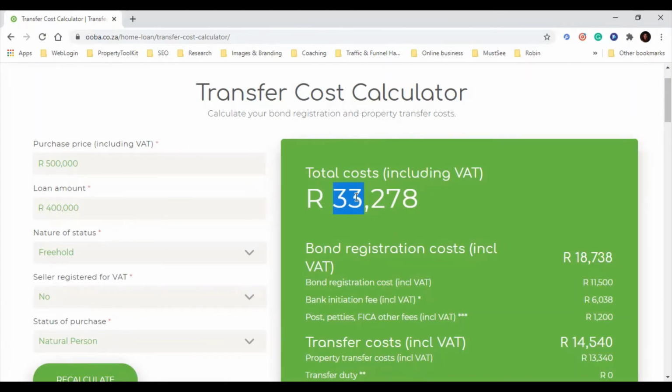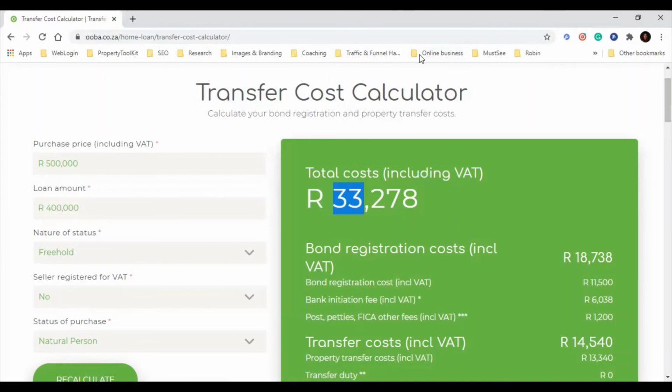And before I switch over, I also want to share with you that you may also consider adding your renovation into this if you've got any renovation, refurbishment costs. And then you'll say, well, the bank is going to give me 400,000, which then means I need 100,000 for deposit.